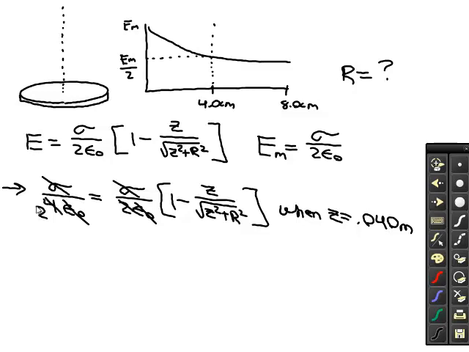So I've got 1/2 equals 1 minus this nasty looking doohickey over here. All right, let's subtract 1 from both sides. I'll have a negative 1/2 here and a negative fraction here. So I'm going to subtract 1 from both sides and multiply both sides by negative 1. So here we go.